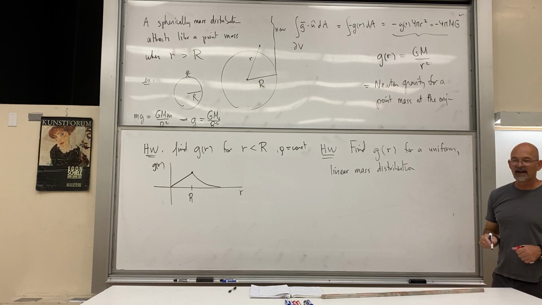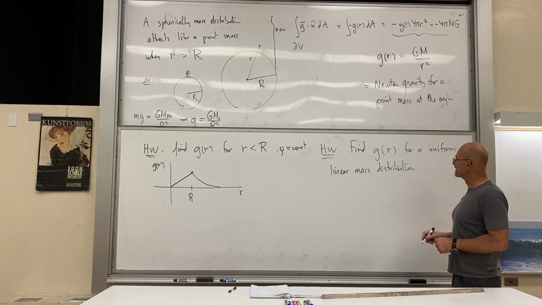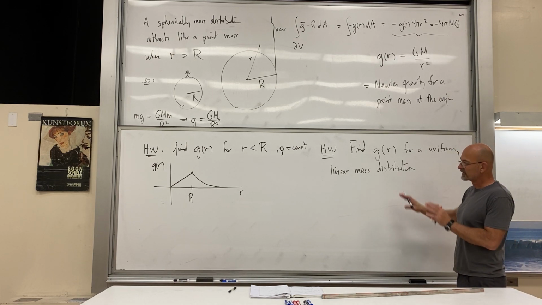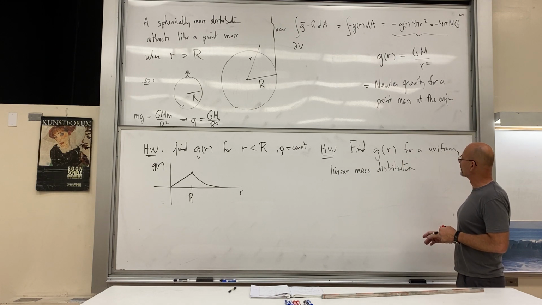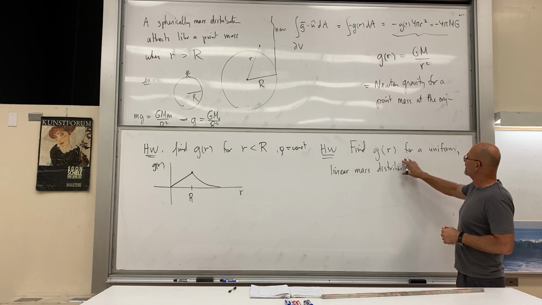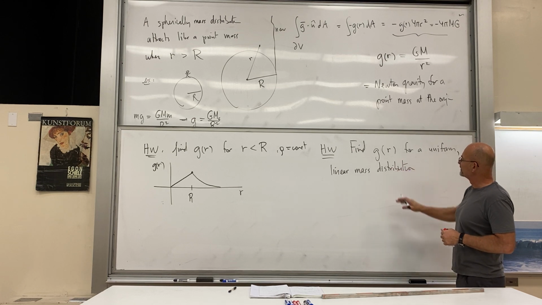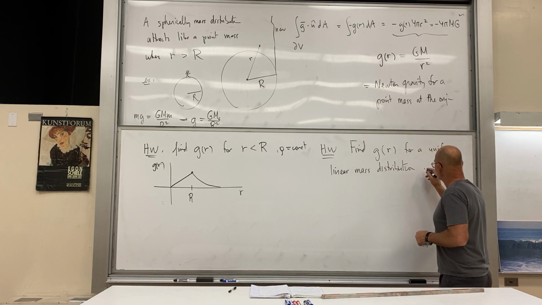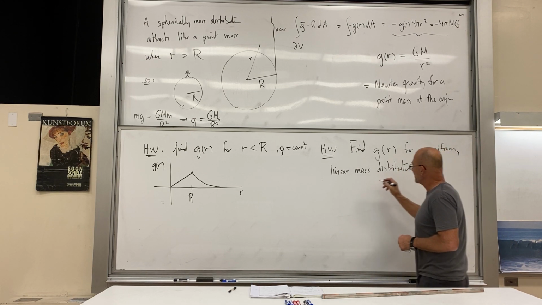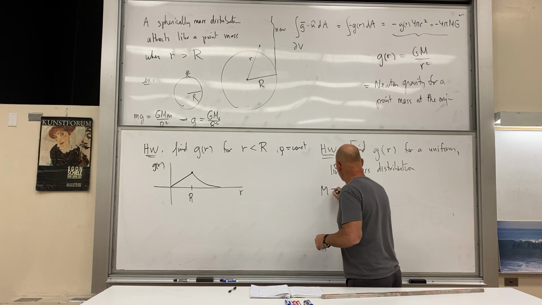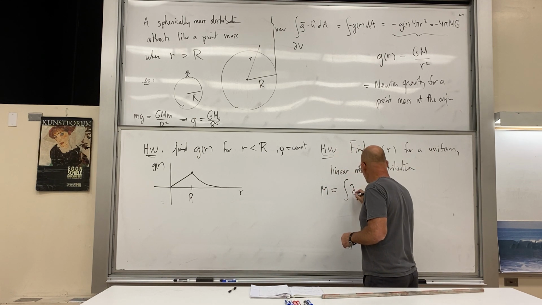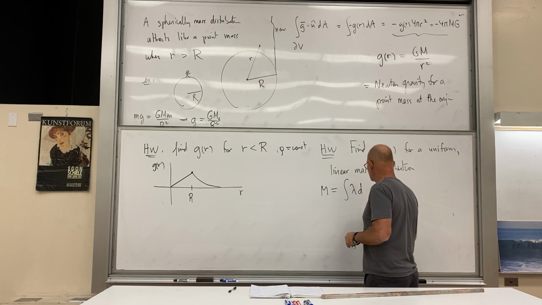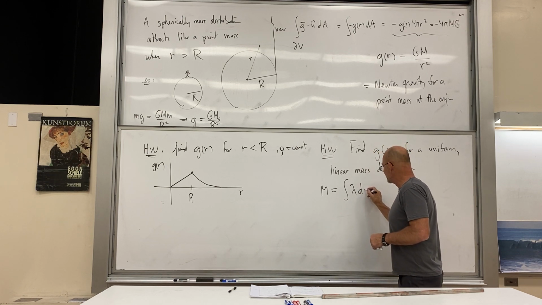We're not likely to find gravitationally significant linear mass distributions, but this all plays an interesting role, so we want to see that. Find g of r for a uniform linear mass distribution. We can say that M is equal to the integral of lambda dz.